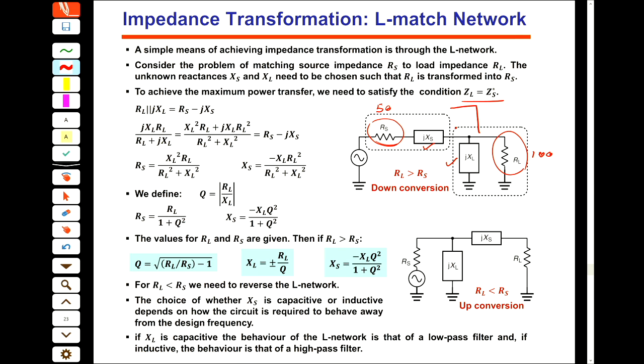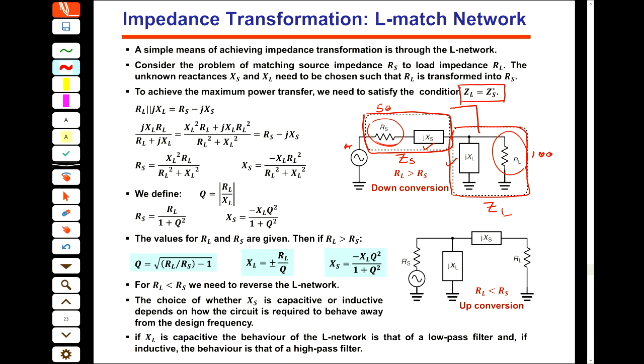Then I say that if I take this part as my ZL and take this part as my ZS, I should satisfy this condition to have maximum power transfer from this source to this network. And I know that this network does not consume any power.